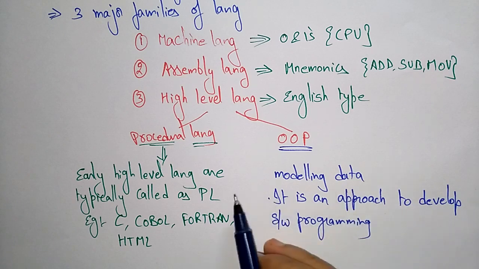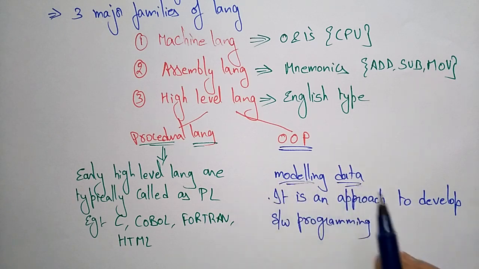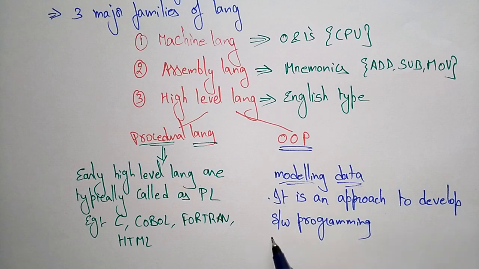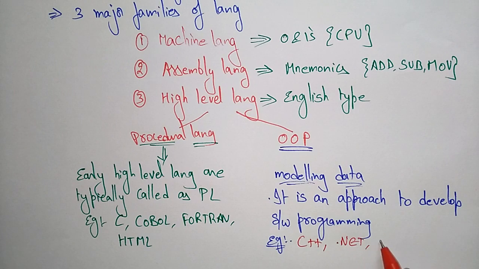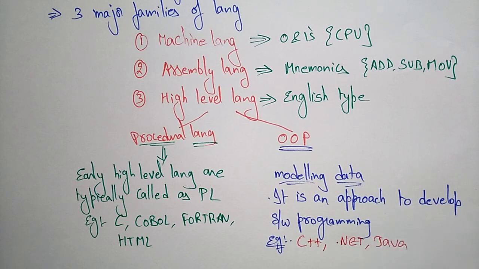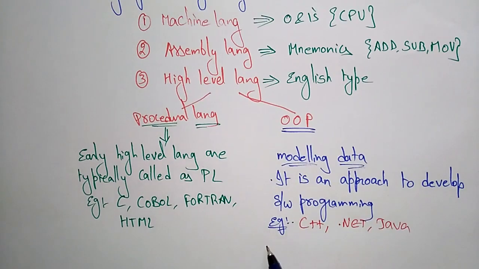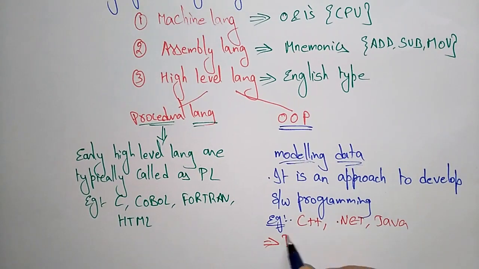It is mainly based on the modeling of the data items. Examples for this are C++, .NET, Java. These all come under the object oriented programming language. Actually this is trying to simulate real life things in your programming.